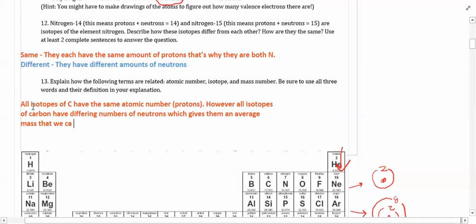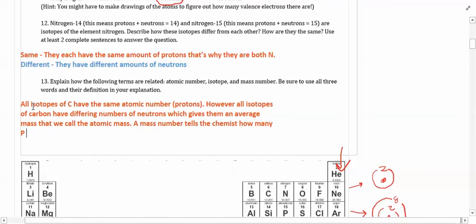That we call the atomic mass. So I've already used isotopes, I've used atomic number, I've now got to use mass number. So I'm going to say a mass number tells the chemist how many protons plus neutrons are in a certain isotope.